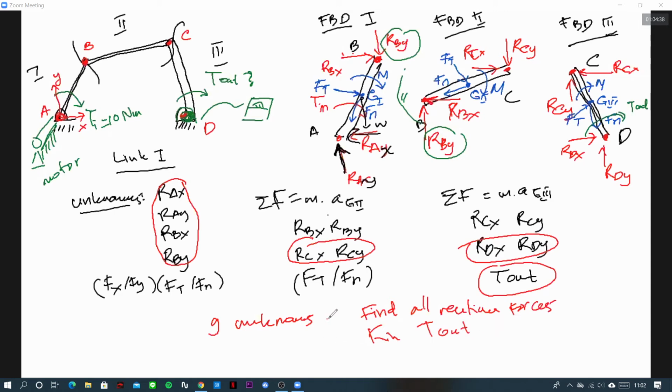So overall you have 9 unknowns, so it means you need 9 equations. Okay, but the question is only to find the output torque. So you will still need 9 equations.